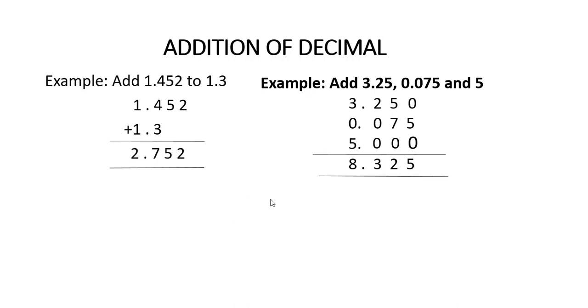We stopped here at addition of decimals, and I believe everybody here or listening to this video can add decimal numbers together. Okay, so having said this, I will jump to subtraction of decimal numbers.